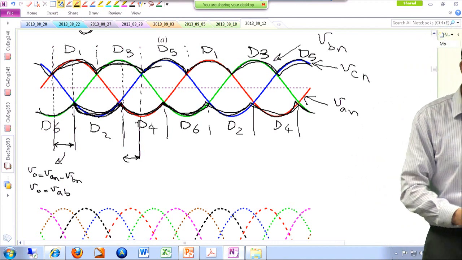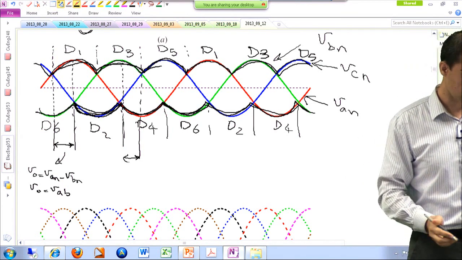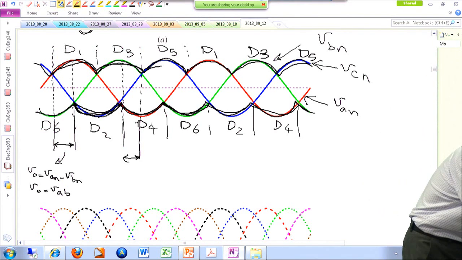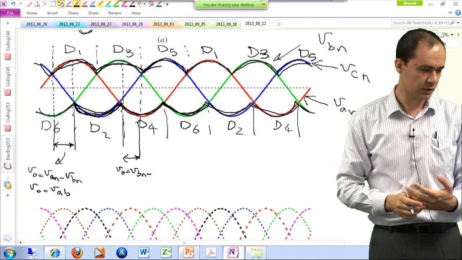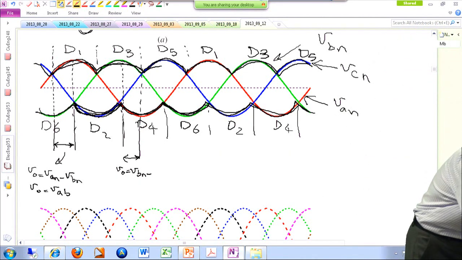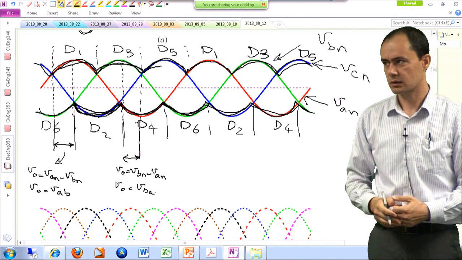On the positive terminal, I'm following the green curve, and the green curve is VBN. On the bottom side, I'm following the red curve, and the red curve was VAN. This is the opposite of VAN, so Vout is VBA, which is the opposite of VAB.